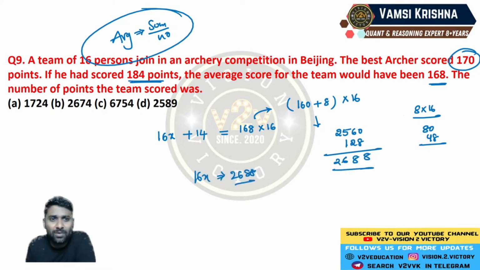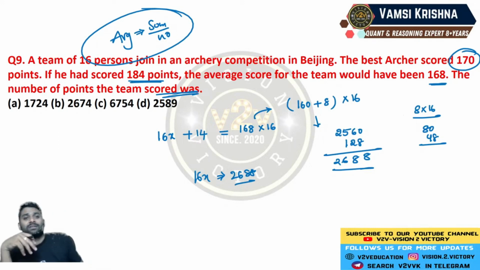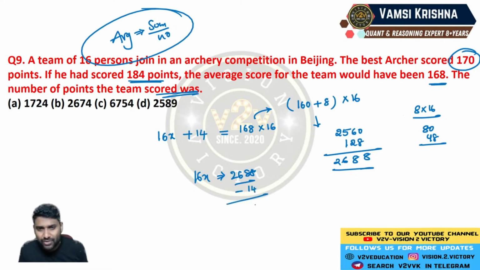Now, what is the question? The number of points the team scored was. So 2688 is 16x. But the question here is, what is the number of points the team scored? So just subtract 14 points, then the answer should be 2674. Why?